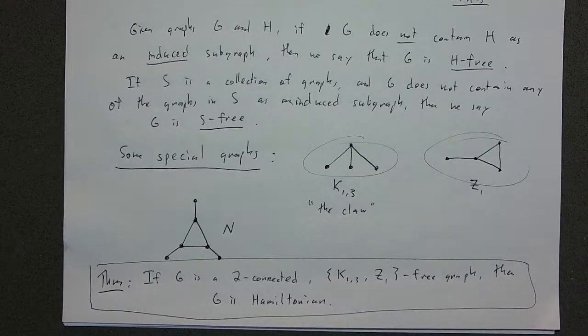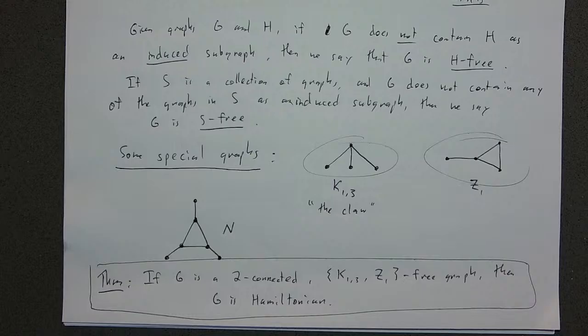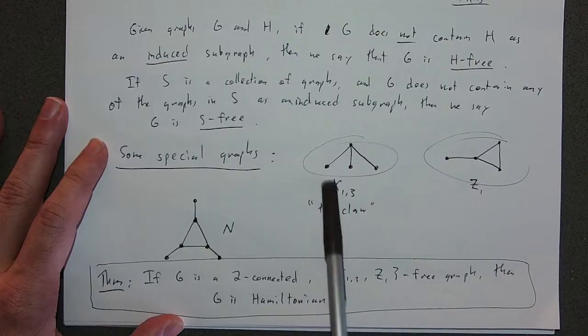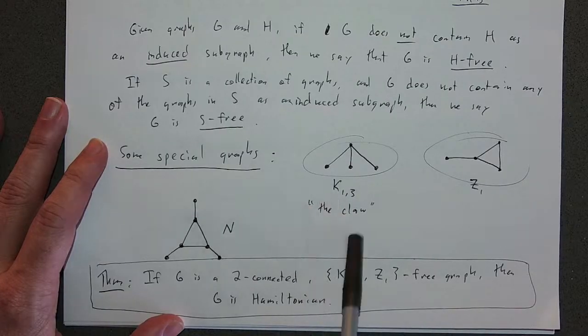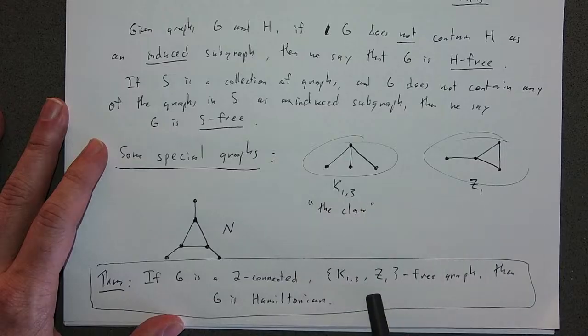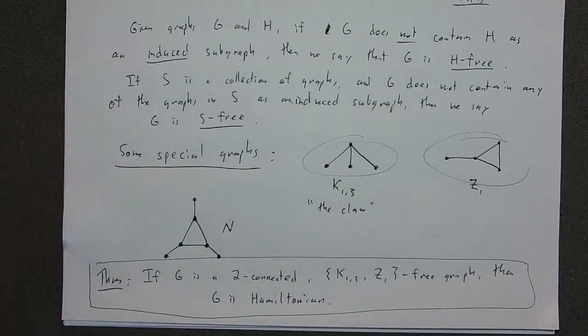So it will be two connected. Anyway, it was: if G is two connected and it is claw free, that is, it does not contain this complete bipartite graph K13 as an induced subgraph, and Z1 free, so this is another naughty induced subgraph that is disallowed.